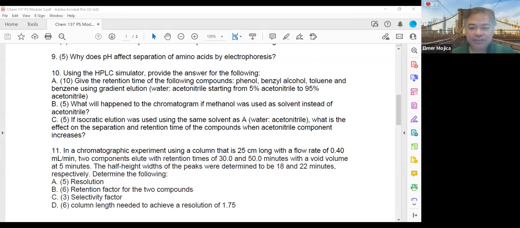Amino acids are what we call zwitterions. Are you familiar with the term zwitterions? A zwitterion has an amino group and a carboxylic group. Depending on the pH, sometimes they're protonated or deprotonated.